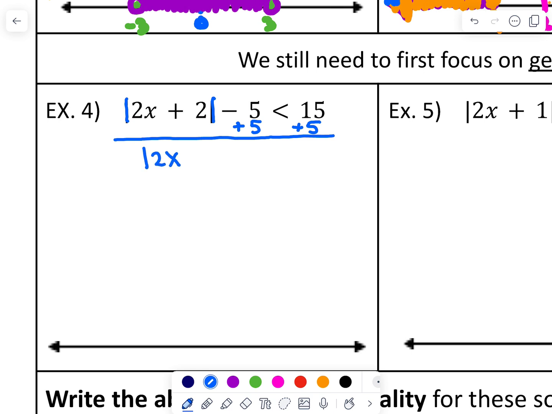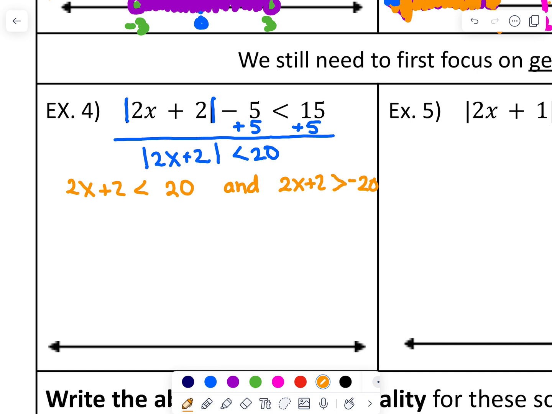So we have the absolute value of 2x plus 2 is less than 20. Okay, cool. Now let's set up our two statements. We have inside is less than the value. Now since it's less than, we're going to have an and, right? And so then we're going to have 2x plus 2 is, we're going to do the opposite of the value, which means we take the opposite of the inequality.